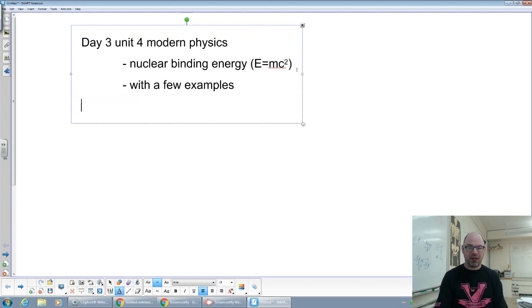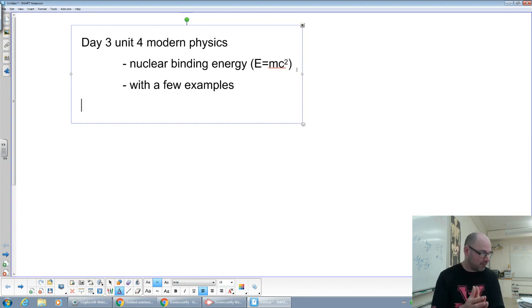So what happened at the beginning of this is what they found was that the sum of all the protons and neutrons of a nucleus, we're not going to worry about the electrons right now, since we're looking at nuclear stuff, so just the nucleus. They said, if you take the mass of a nucleus of an atom, and then you get the mass of all the neutrons and protons that make up that atom, there's a difference.